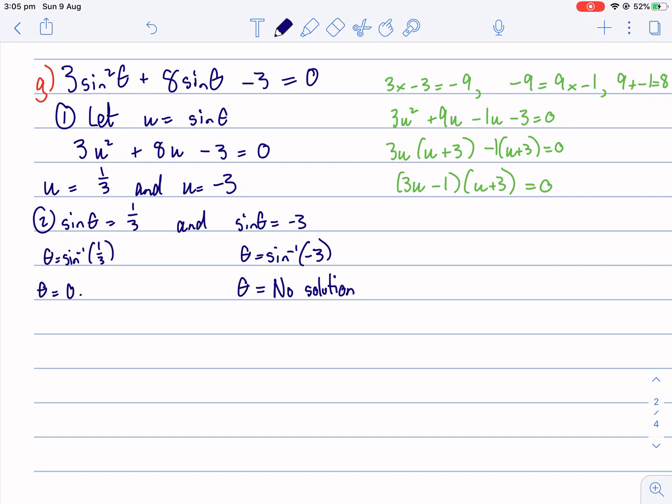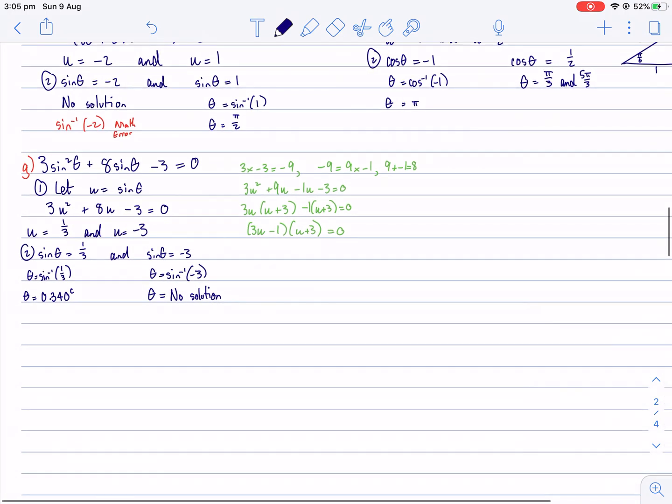So that's 0.340 radians, I've rounded. Now to put that into perspective, I like to draw it. I like to turn it into degrees sneakily, so I'm going to put my calculator in degrees and do the same calculation. Arc sine 1/3. So that's like 19 degrees.